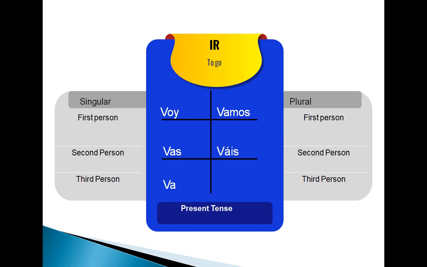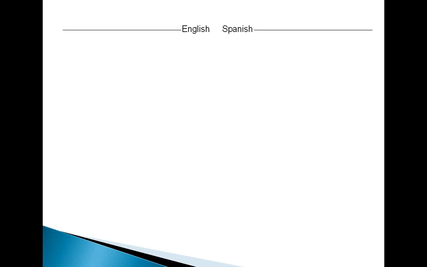Then you all go, vais. They all go or you all go, van. So 6 forms of the verb ir: voy, vas, va, vamos, vais, van. And again, it's totally for the present tense.